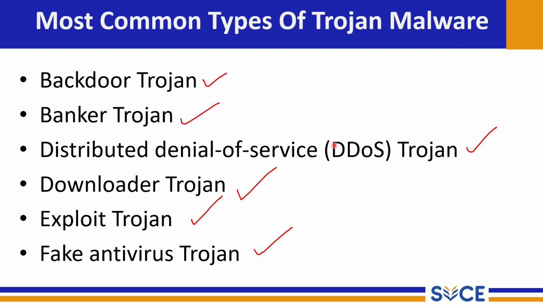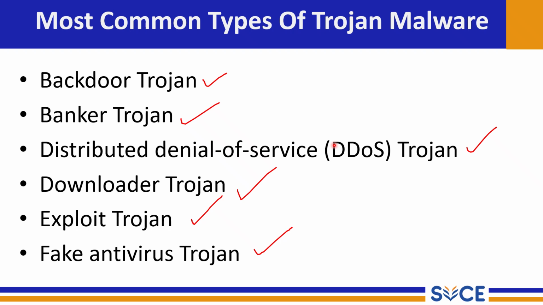Next one, the ransom Trojan. Ransom Trojans seek to impair a computer's performance or block data on the device so that the user can no longer access or use it. The attacker will then hold the user or organization to ransom until they pay a ransom fee to undo the device damage and unlock the affected data.